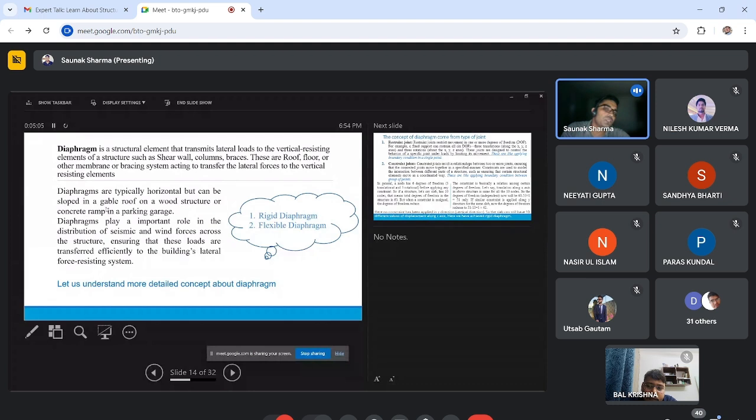Diaphragms play an important role in the distribution of seismic and wind forces across the structure, ensuring that the loads are transferred efficiently to the building's lateral force resisting system. If we see a building here, the lateral force comes from some formulas.